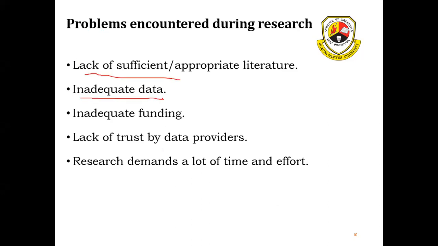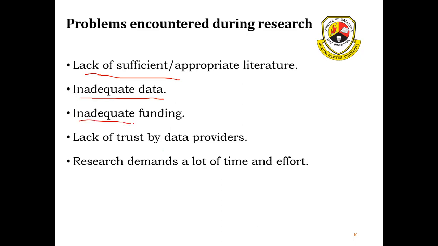Then inadequate data. In research, we need to have collected enough data in order to be able to come to a conclusion. Okay? Whether your research is going to, we shall talk about qualitative and quantitative. Whether it's qualitative or quantitative, our research, our data, we need to have adequate data.